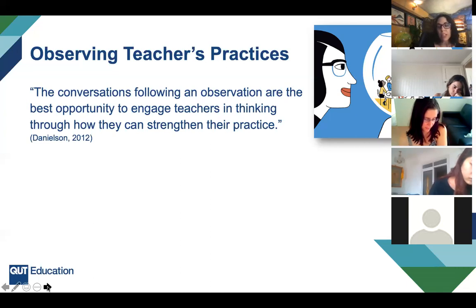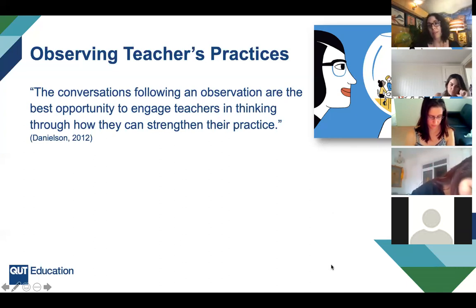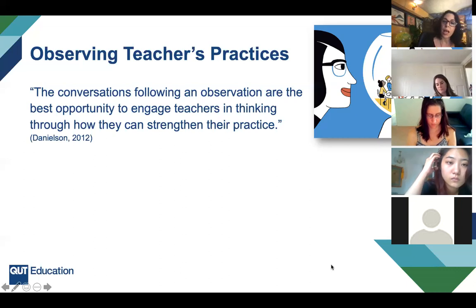So peer observation allows teachers to build their skills in giving and also receiving feedback. I don't know about you guys, but receiving feedback can be quite difficult, especially if it's not what you expected. But giving feedback can also be quite difficult, because generally we don't want to hurt people's feelings, do we? In a situation where you've put a lot of effort, a lot of work into your teaching and your planning, it's close to your heart.